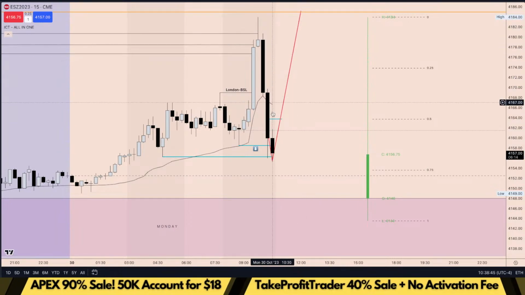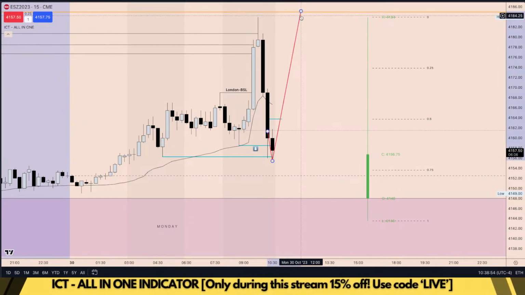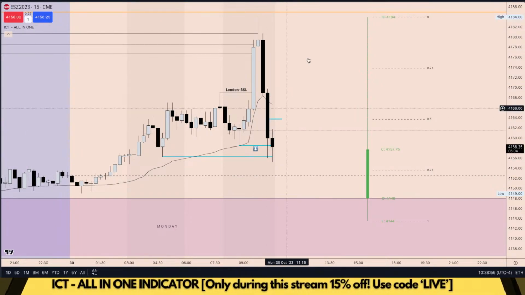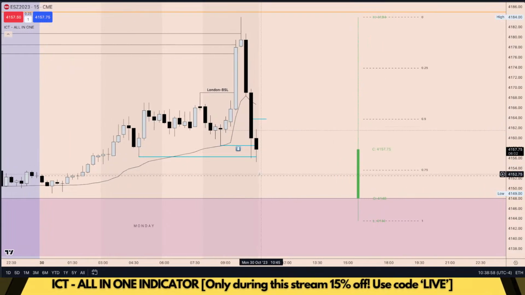Because then you got enough traders trapped short, and they have to sell to you or buy back on their way to the previous day's high, which just accelerates that entire move and makes it easier for the market makers to bring prices back up to 4185.